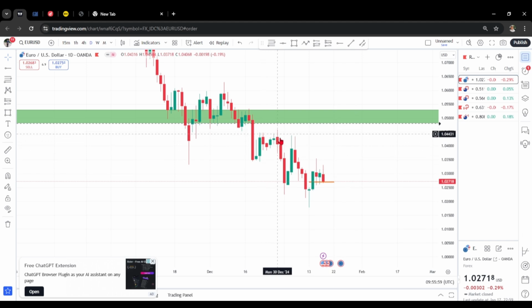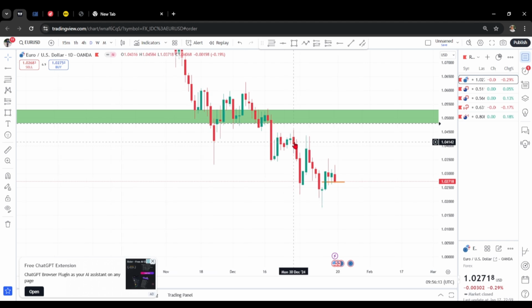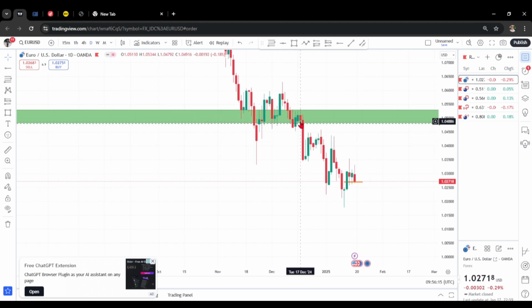On this you will see a pullback happening, because this is a trending market, a bearish trend. Whenever the market is on a bearish trend, you always wait for the pullbacks before you enter any trade. Immediately there is a run, there's always a pullback, run, pullback, run, and a pullback.